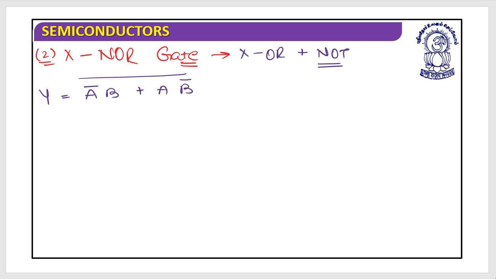So whatever the output will be, just connect it to the NOT, and that will convert itself to the XNOR gate. I hope this is clear. Was it clear? Great. Symbol of it is something like this.